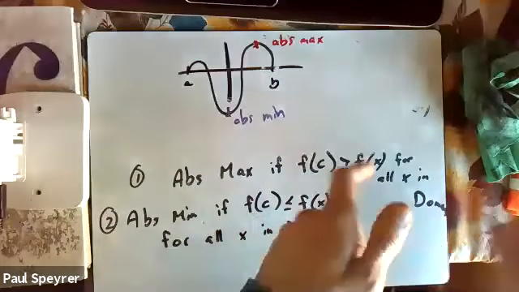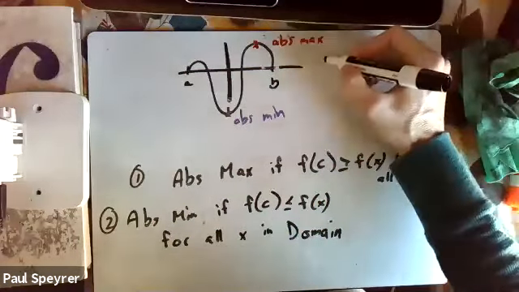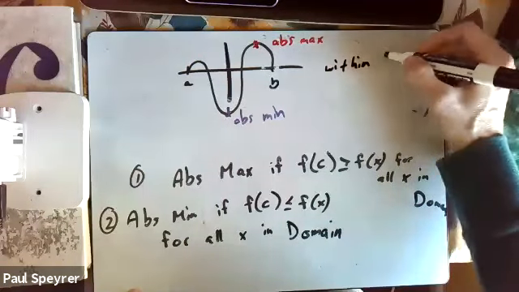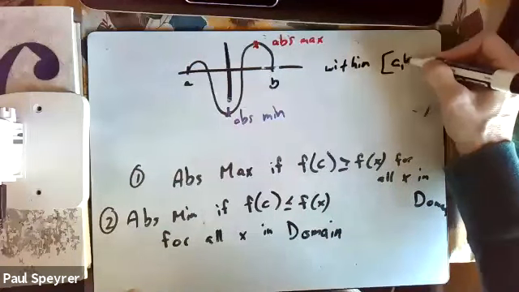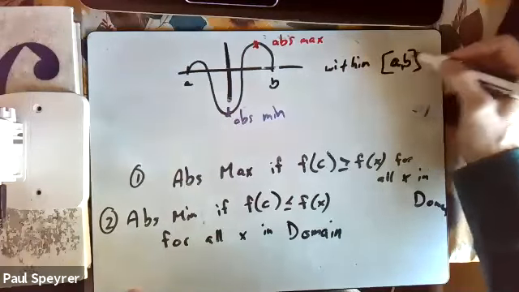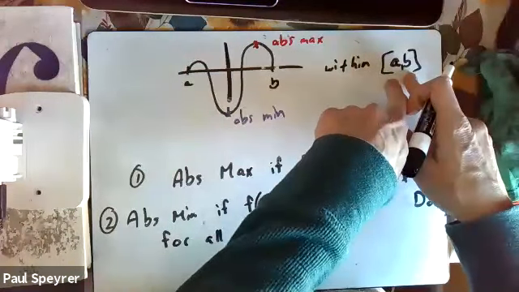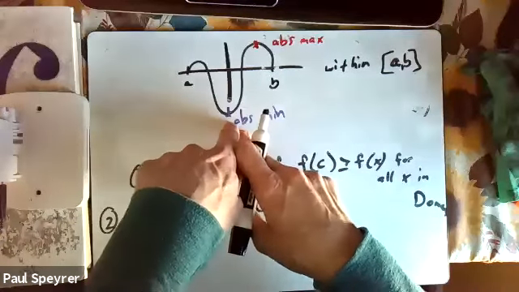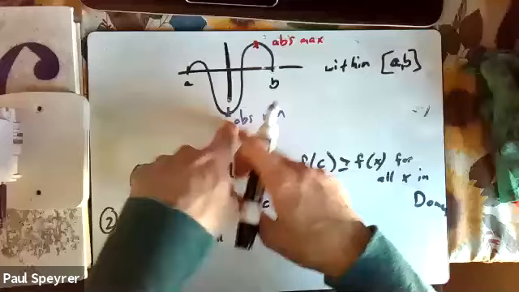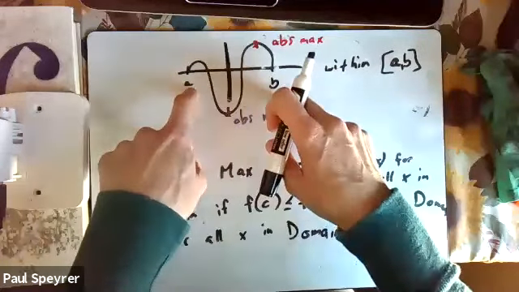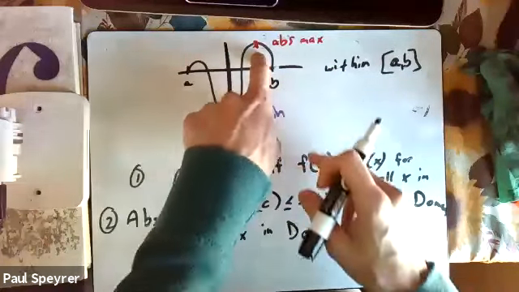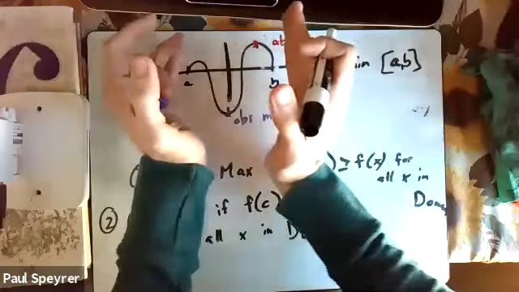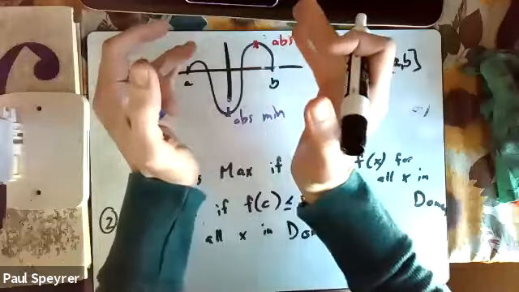Remember, A to B is the domain that we're talking about. So that's our absolute minimum, the lowest Y value within this domain, and this would be our absolute maximum Y value within this domain of A to B.